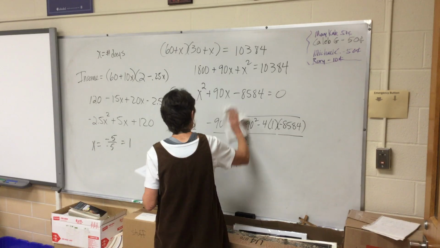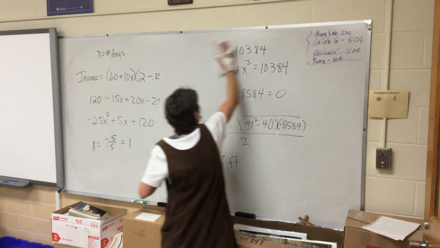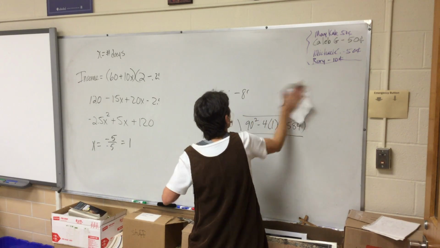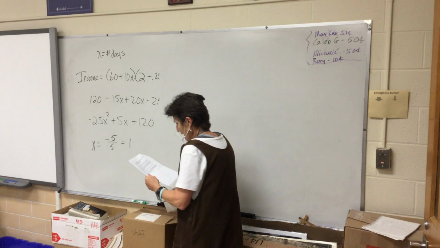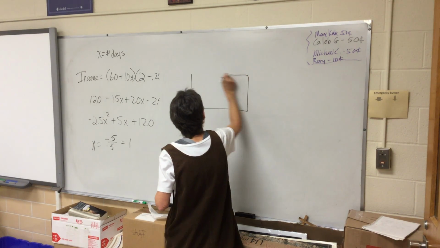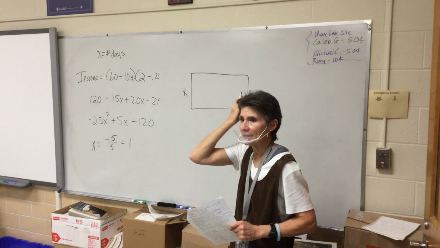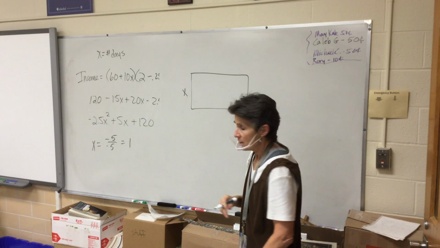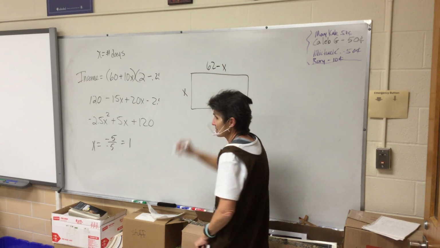So basically what we're saying is we have a rectangle and its perimeter has to be 124. So I'll call that X. I don't know what that is, but I know this is going to be 62 minus X.